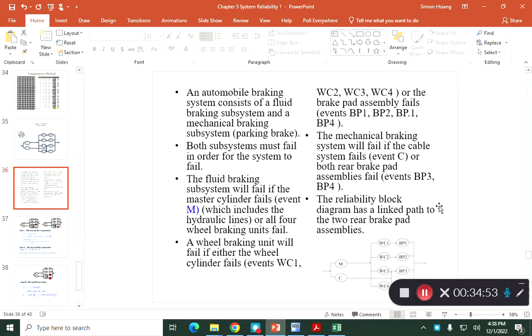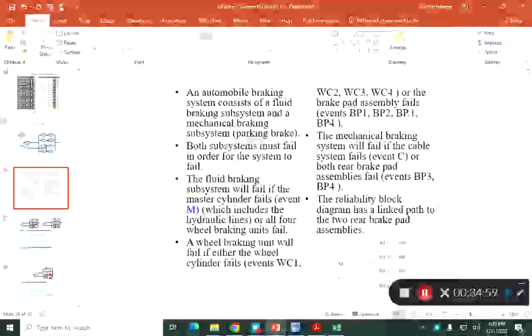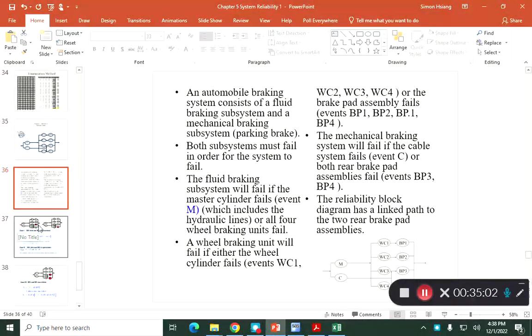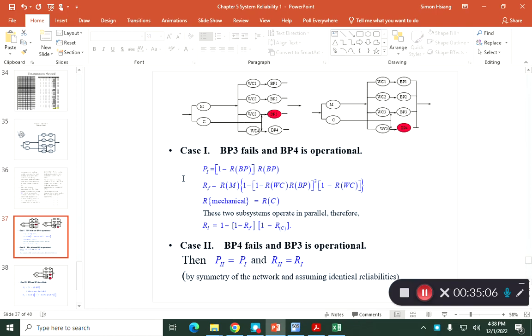Finally, the reliability of this whole thing depends on how many possible failures there are. Totally, there are 4 possibilities.